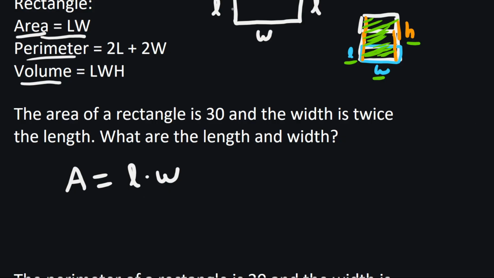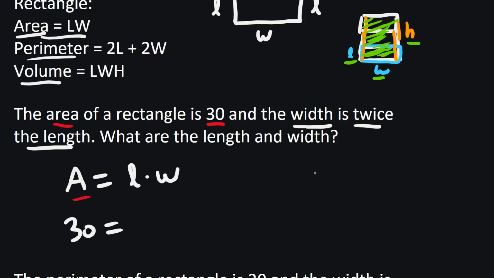So let's go ahead with what we know. We know that the area is 30. Let's substitute this A for 30. So 30 equals, and we know that the width is twice the length.